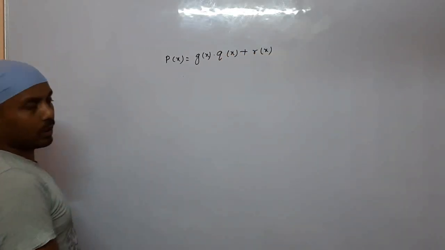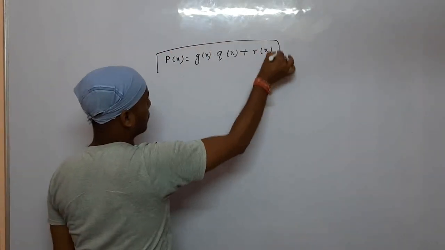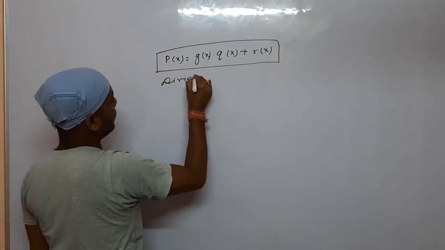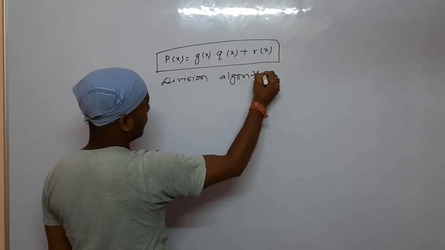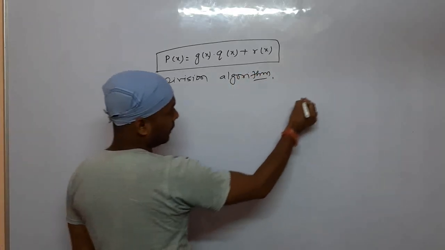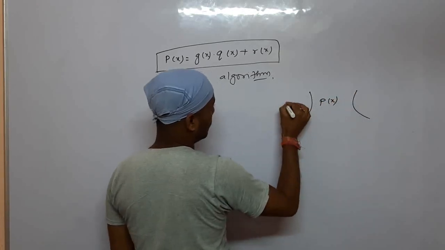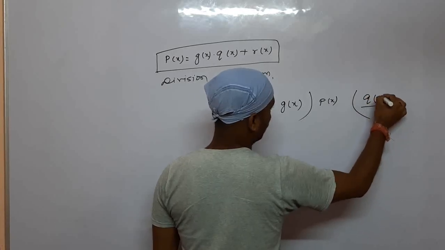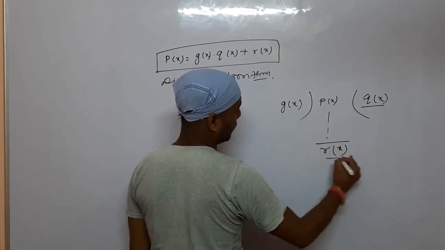This is your division algorithm. It means simply here is your p(x), here is your g(x). On dividing you will get a q(x), and whatever remains here, that is your r(x), the remainder.